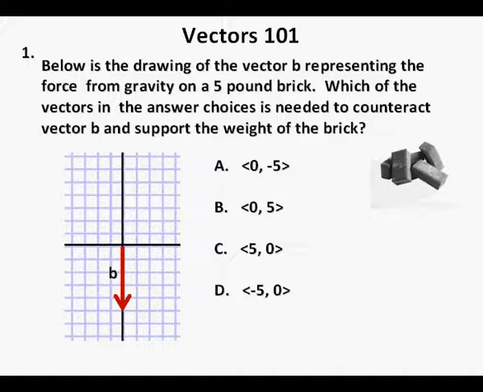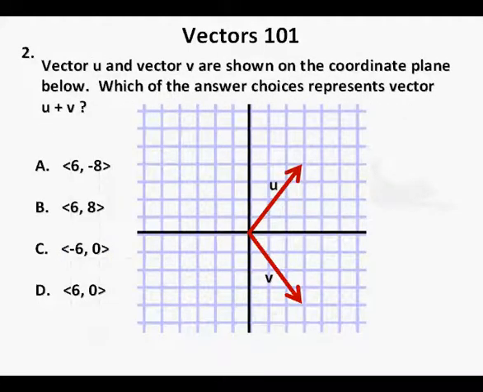Problem 1. Below is the drawing of a vector representing the force from gravity on a 5-pound brick. Which of the vectors in the answer choices is needed to support the weight of the brick? The correct answer is B, the vector 0, 5. Problem 2. Vector u and vector v are shown on the coordinate plane below.